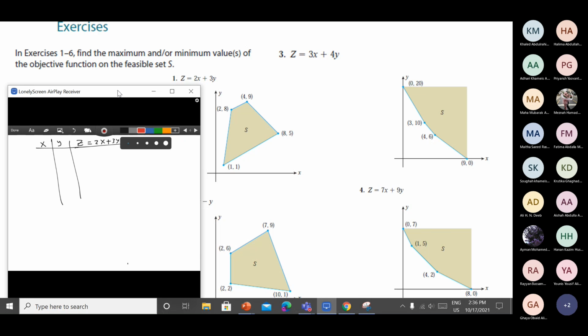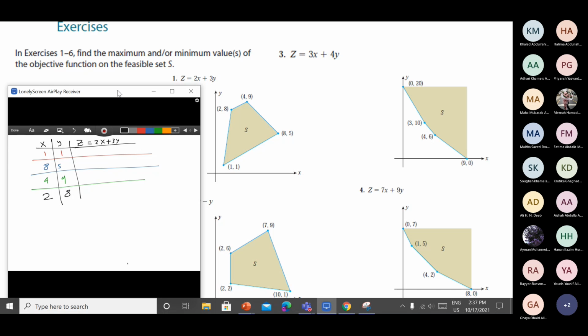Now, the first point, 1 and 1. The second point, 8 and 5. The third point, 4 and 9. The last one, 2 and 8. You just substitute.